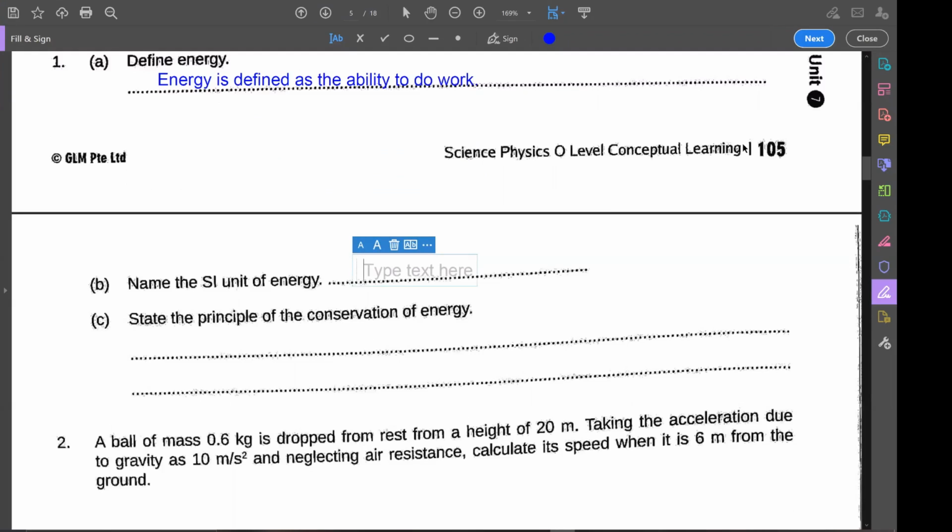This is quite simple. Name the SI unit for energy.